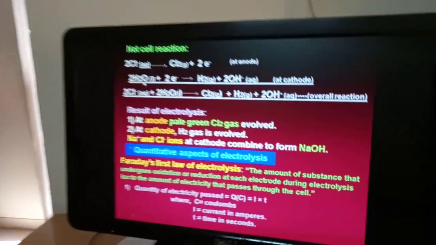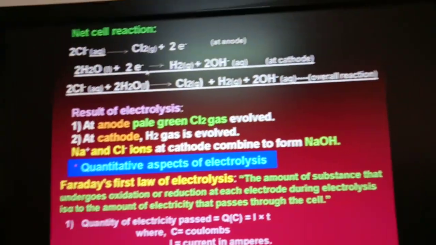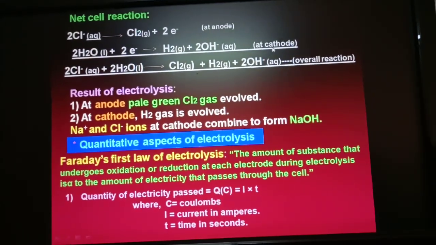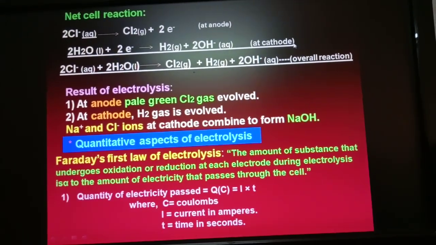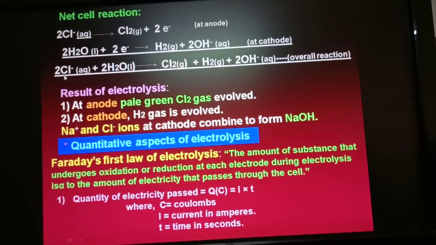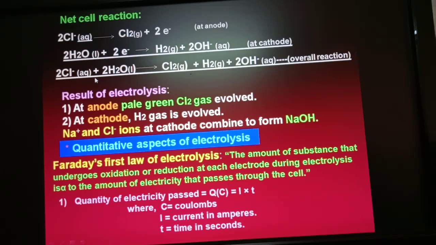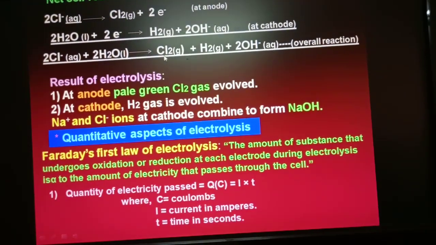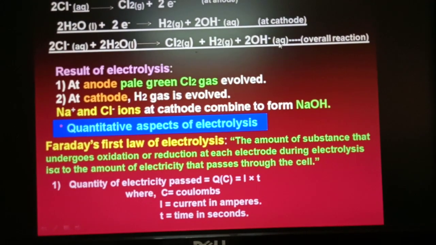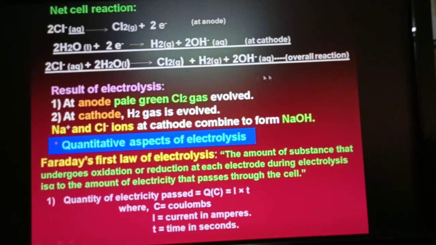Now let us see the net cell reaction. At the anode, 2Cl minus aqueous gives Cl2 gas plus 2 electrons, whereas at the cathode 2H2O liquid gains 2 electrons to give H2 gas plus 2OH minus aqueous. Overall reaction: 2Cl minus aqueous plus 2H2O liquid gives Cl2 gas plus H2 gas plus 2OH minus aqueous.